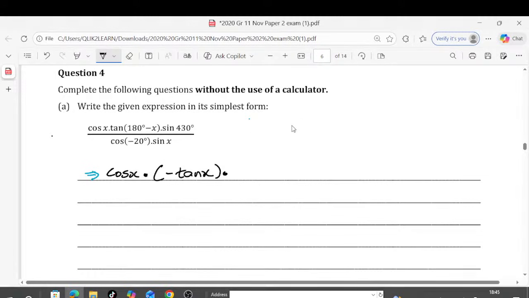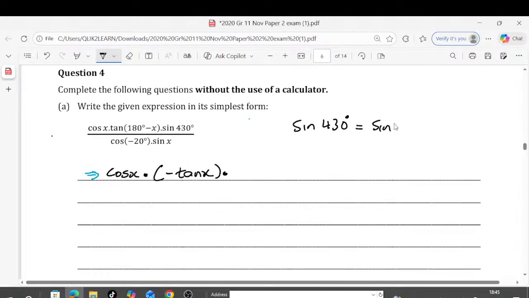So we need to reduce the sine of 430 degrees. Remember I told you guys, when you reduce this type of problem, this is a very big number. We can just start by subtracting 360 and tell me what you get.